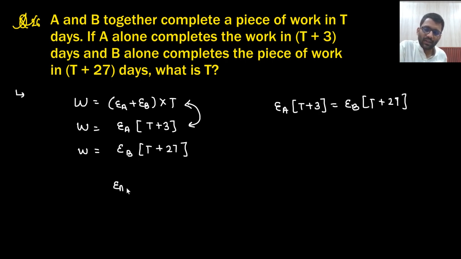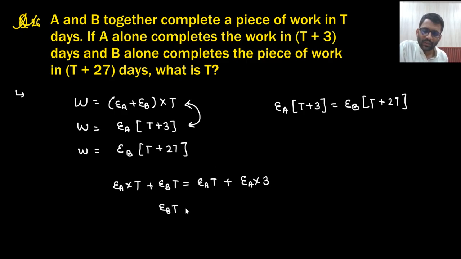So EA into T plus EB into T is equal to EA into T plus EA into 3. This and this are getting cancelled.